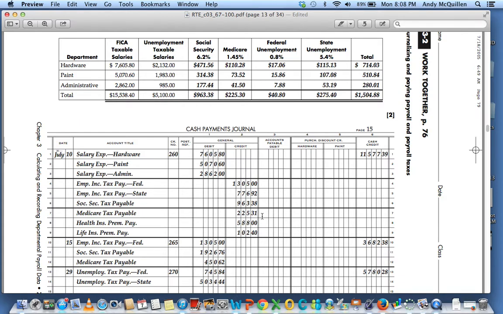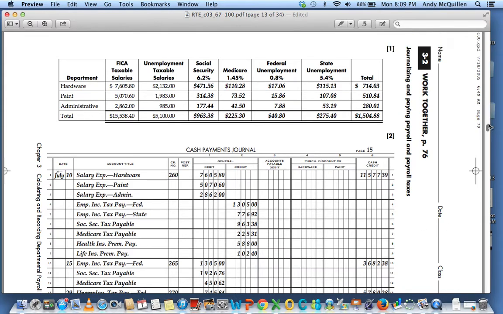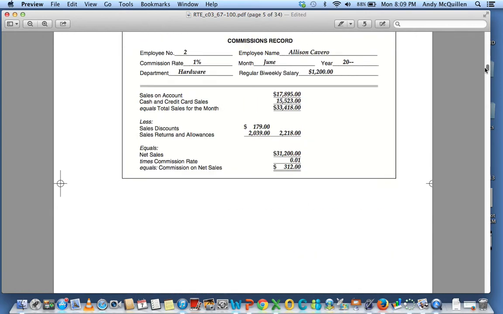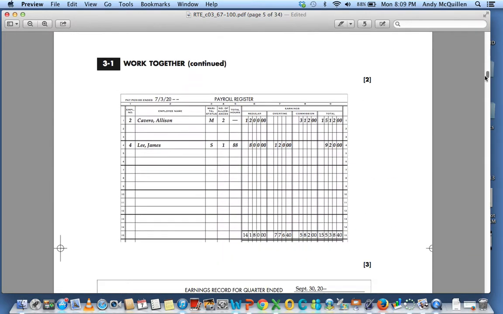Then we have our Social Security tax payable, 963.38. That comes from right here. Medicare, 225.31. They have 3130. It's going to be a penny off one way or another. Health insurance premium, 588. Now again, that information is going to come from up here on the work together problem.